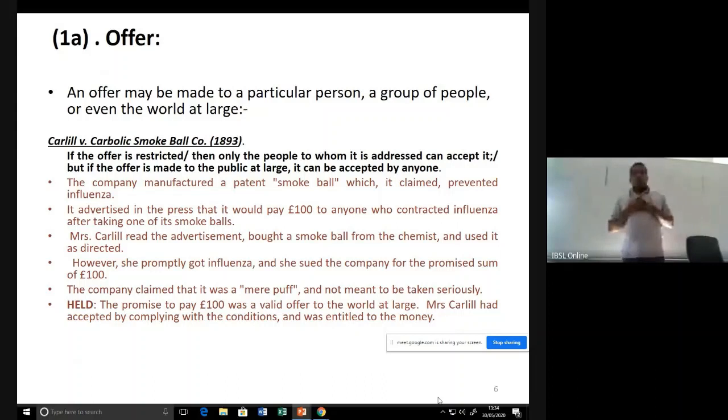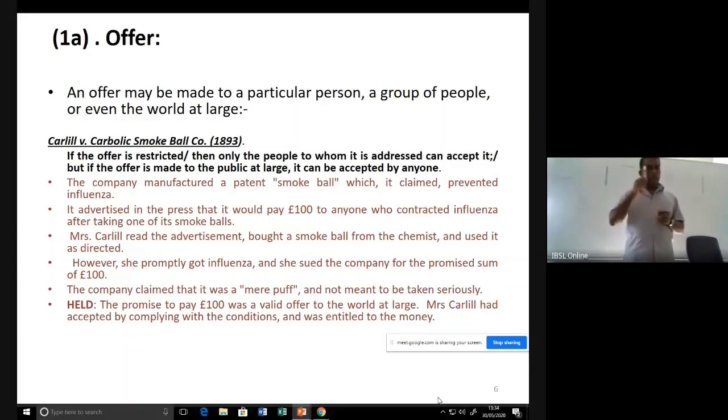If I'm an offeror, I can make an offer to a particular person. Say I am selling this pen. It's my pen, I am the owner, so I want to sell this pen.